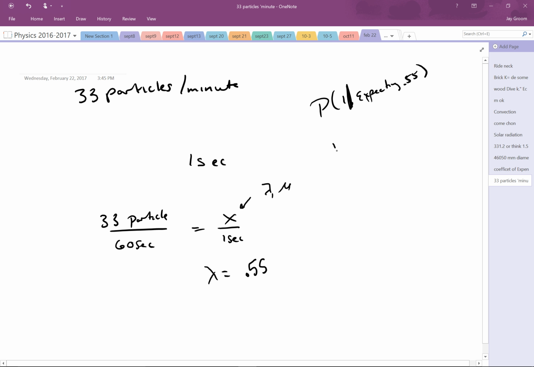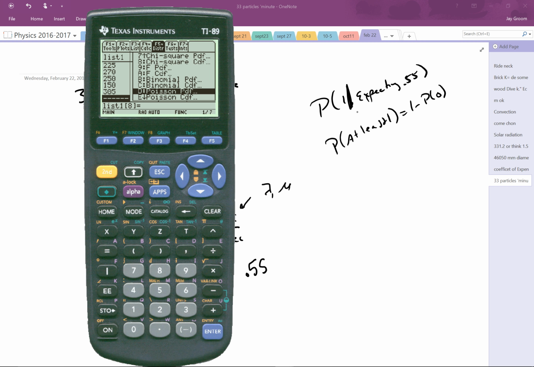Now remember, whenever I say at least 1, the way you want to do that is 1 minus the probability of 0. So I'm going to use a Poisson PDF. I'm expecting 0.55, and I want to know about getting 0.